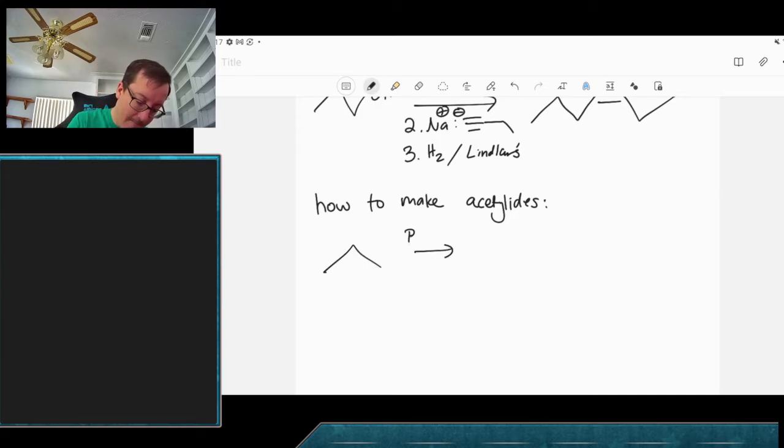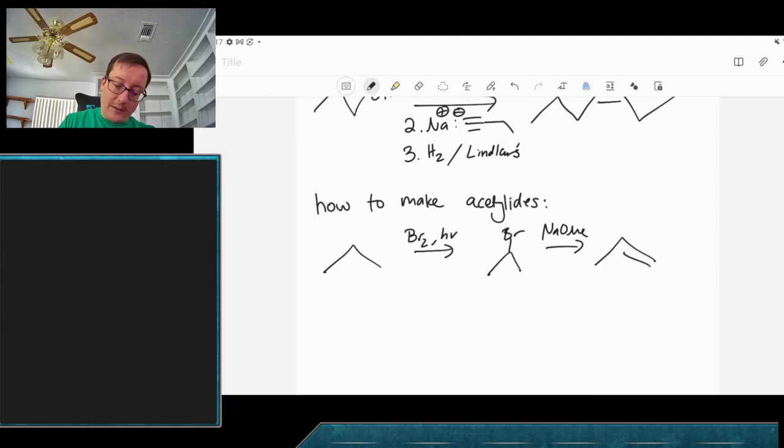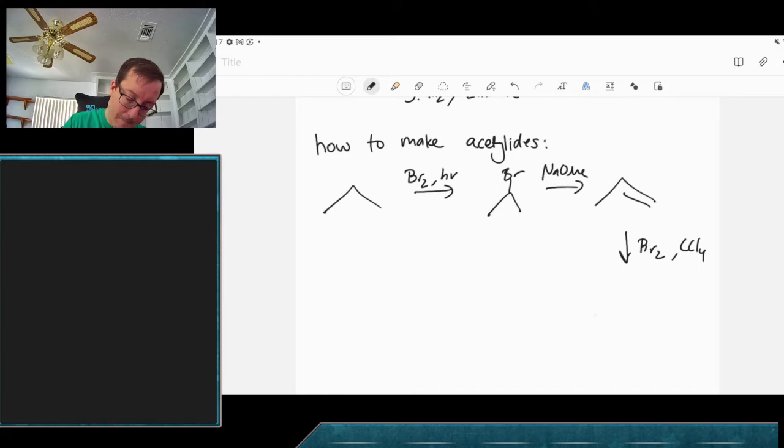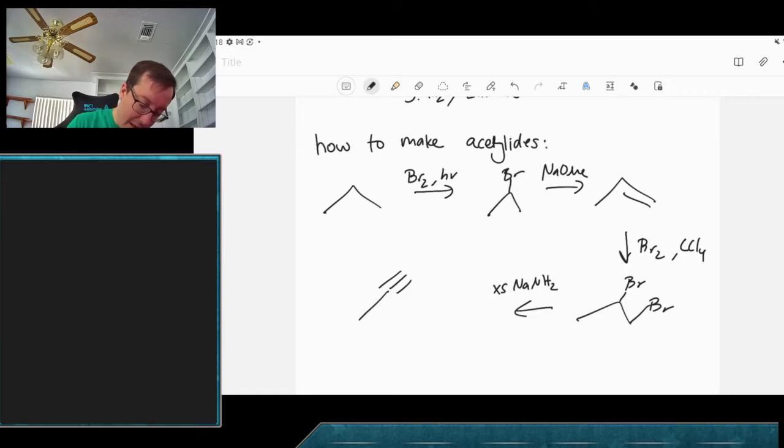You'll brominate it, you'll eliminate, you'll dibrominate. Then you can use excess base. And if you use excess base, you'll actually end up with your acetylide already. And so that would be how you do that.